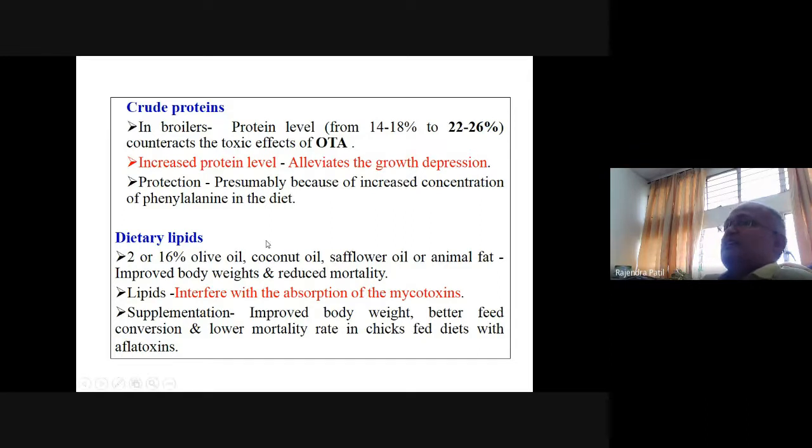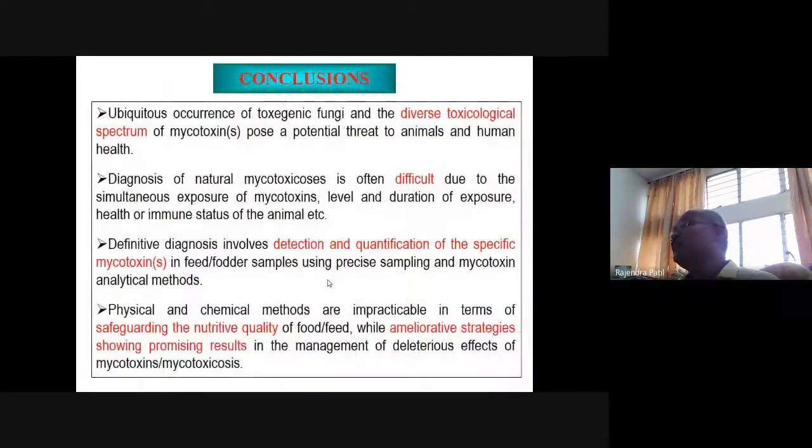Then dietary lipids interfere with the absorption of the mycotoxins, so if you increase the dietary lipid levels, that will also alleviate the toxicity of the mycotoxins.